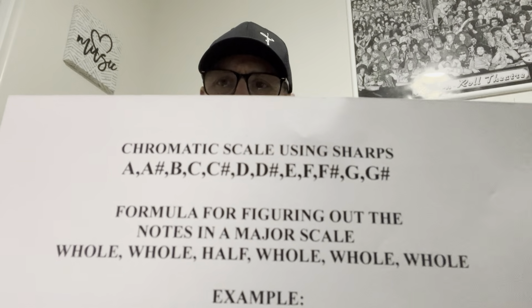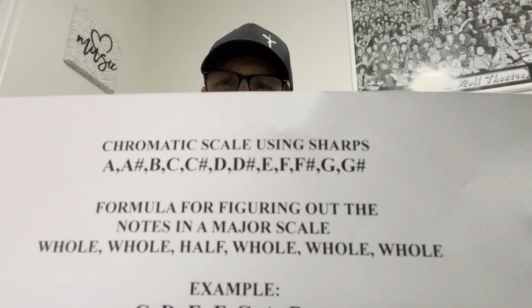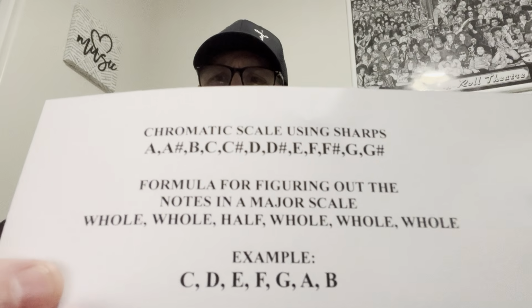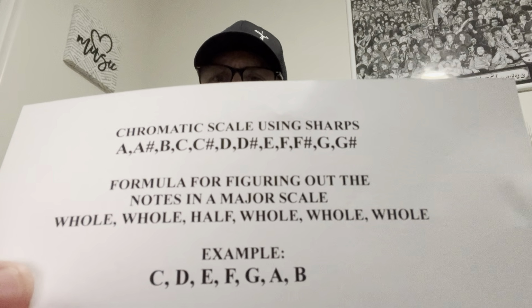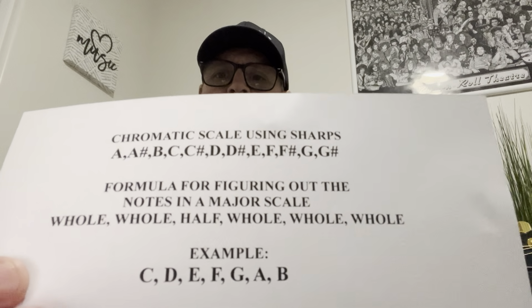So based on that chromatic scale that I showed you last week, A sharp, B, C, C sharp, D sharp, E, F sharp, G sharp, the formula that you're going to use to figure out the notes in any key is going to be whole step, half step, whole step, whole step, whole step.